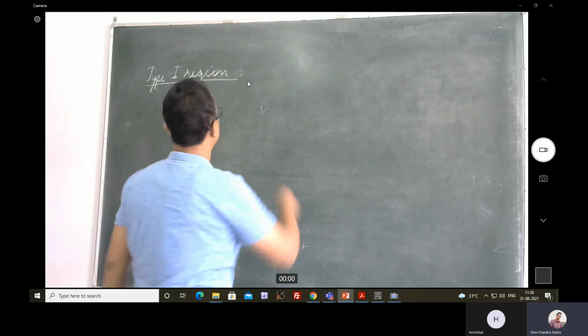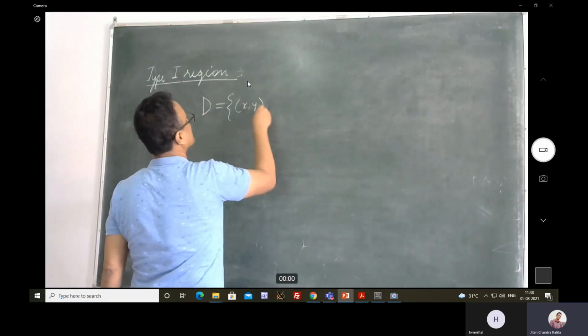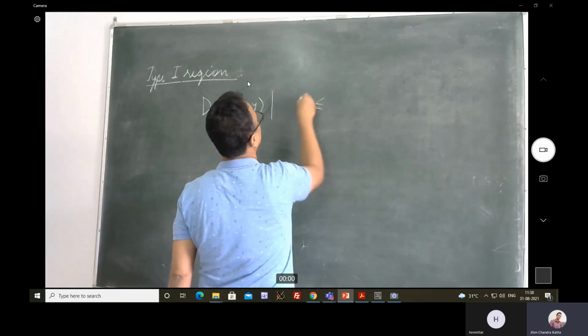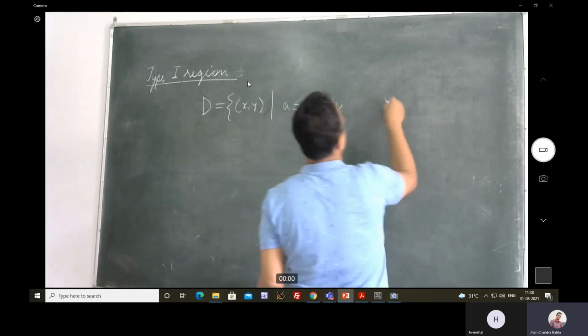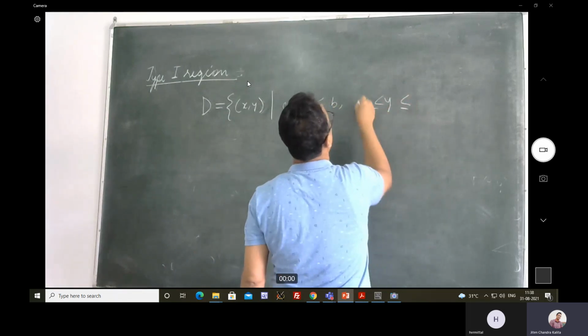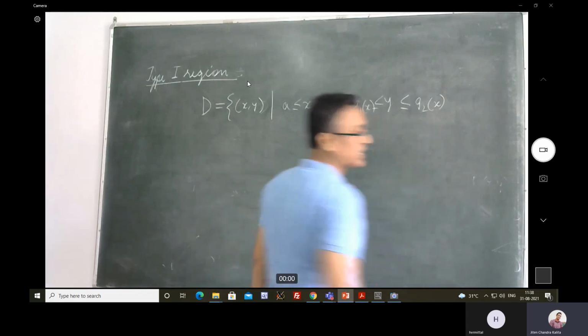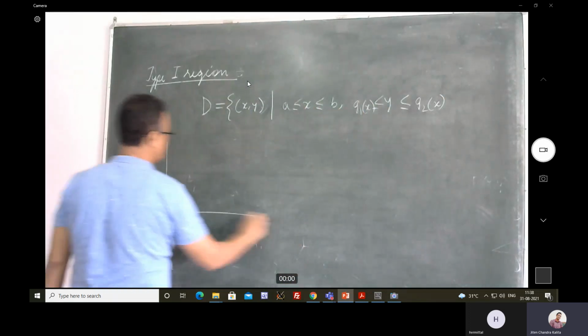So basically, if D contains points such that x lies between A and B and y lies between these two curves, then we say that this is a type 1 region.